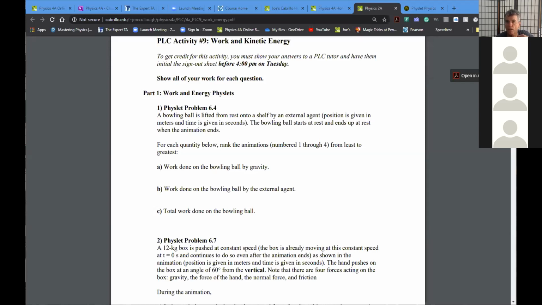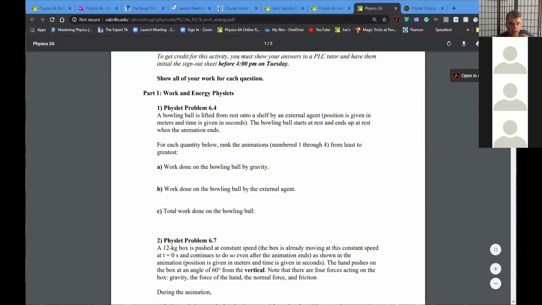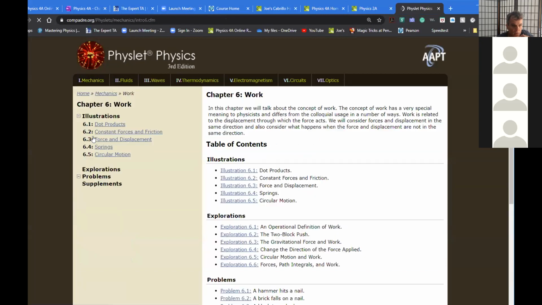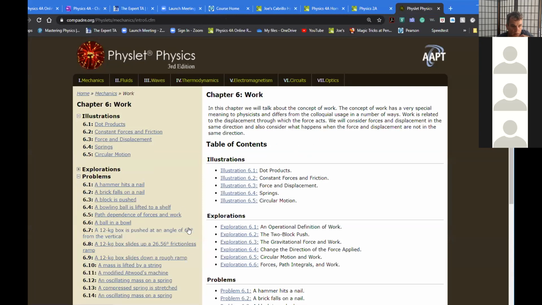Everybody see my share? Yeah. Okay, and let me set problem 6.4. Mechanics, work, problem, open a new tab.